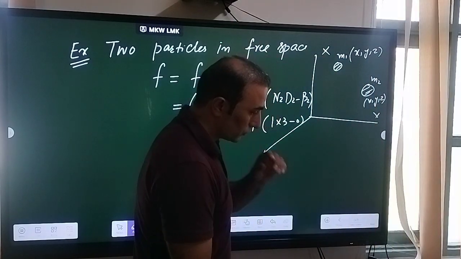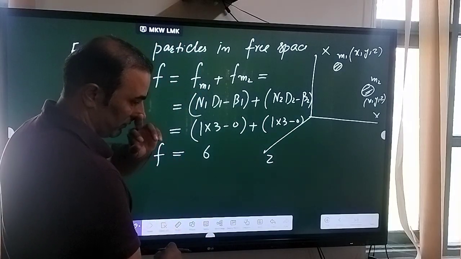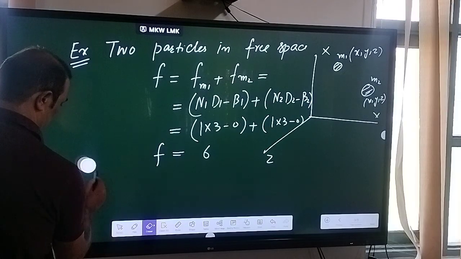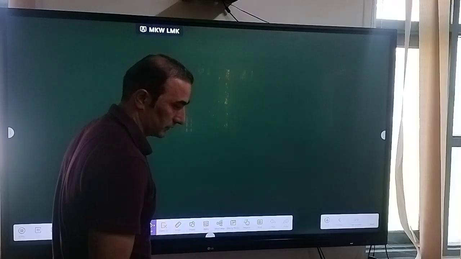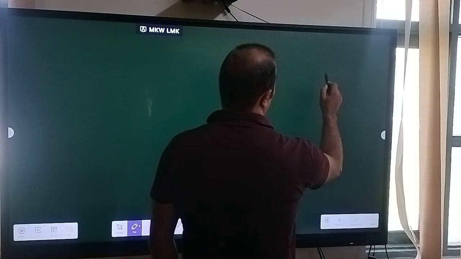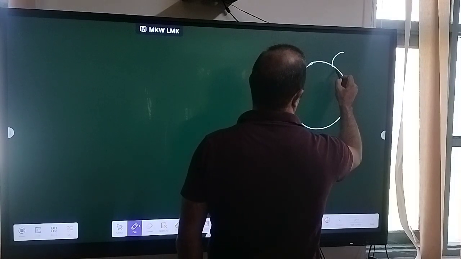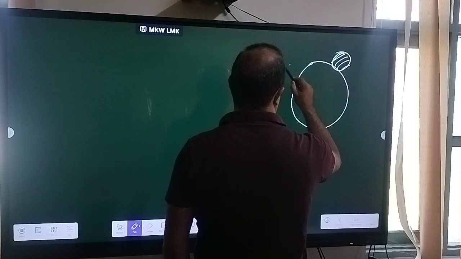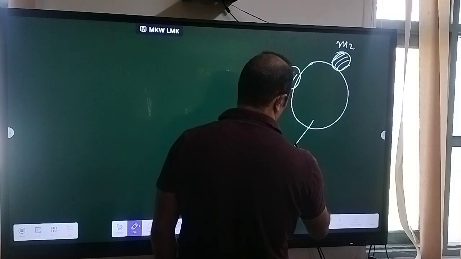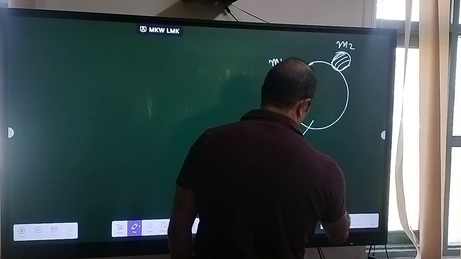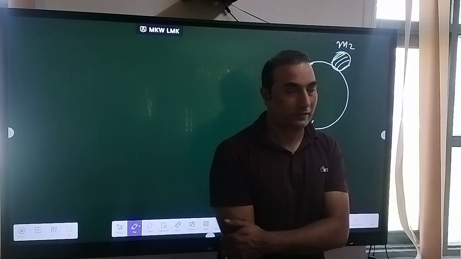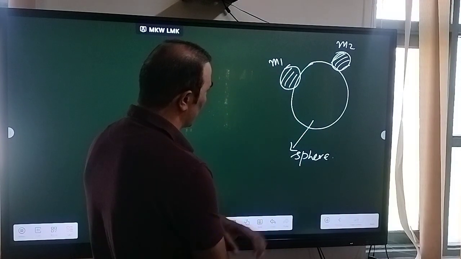Suppose we have two balls moving on the surface of a sphere. Or I can take one more example. Okay, let us take this example.